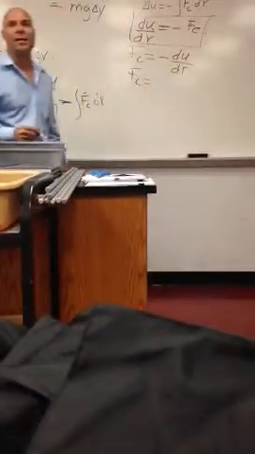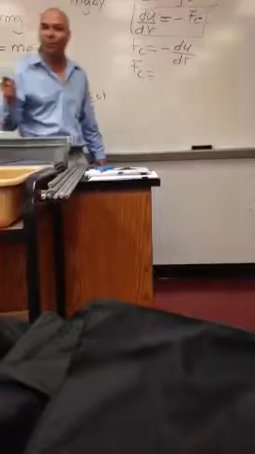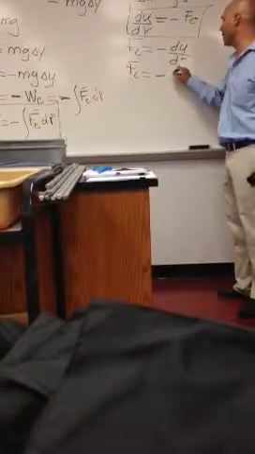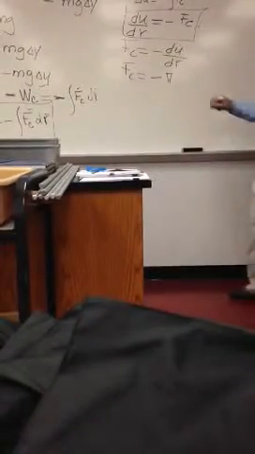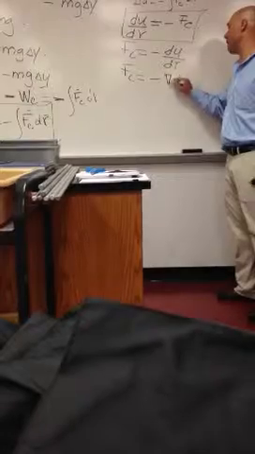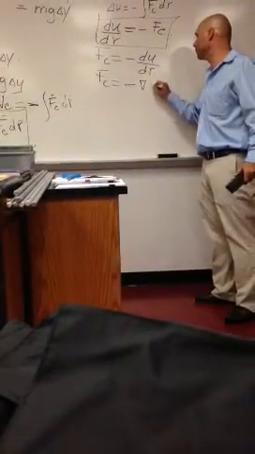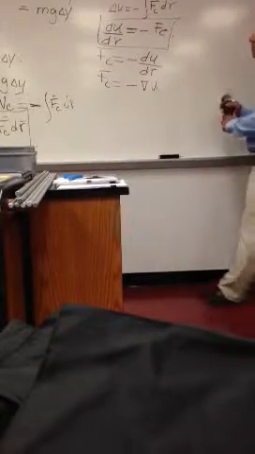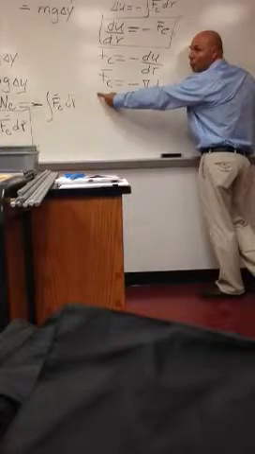In three dimensions or two dimensions, for Fc, we have to use the term gradient. If you are doing multivariable calculus, you should be familiar with the term gradient, which is negative delta, but upside down, not delta. This. And this, I will say, is the gradient of U. So the gradient converts from a scalar to a vector.